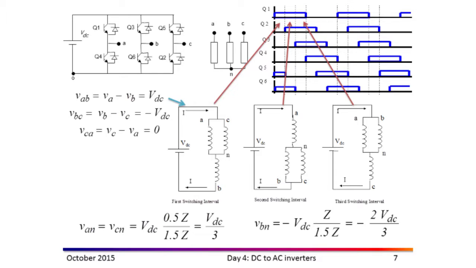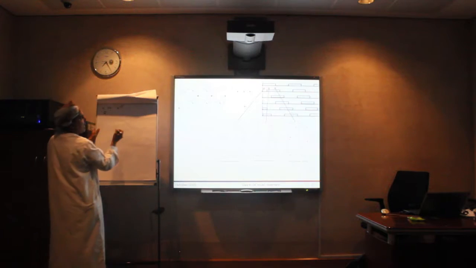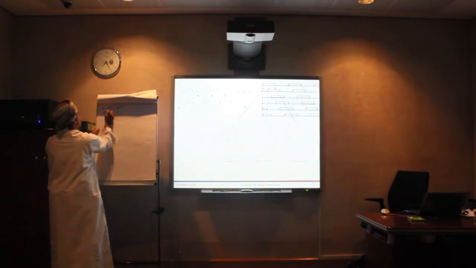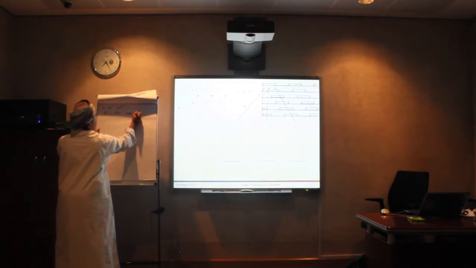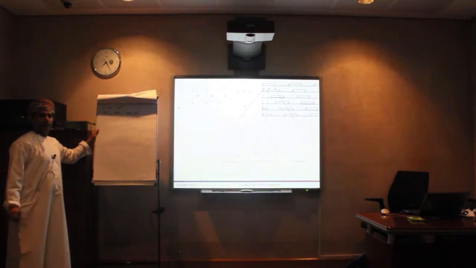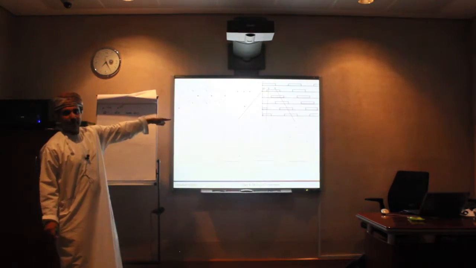In the first interval from 0 to 60 degrees, you can see that Q1 from the top leg and Q5 are on, right? And from the bottom leg, Q6 is on, right?